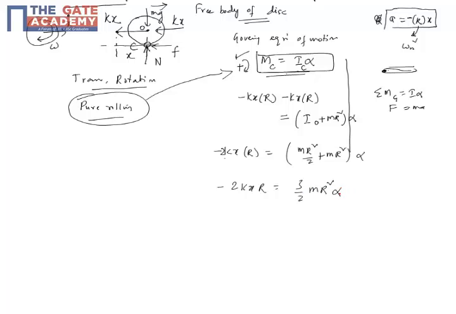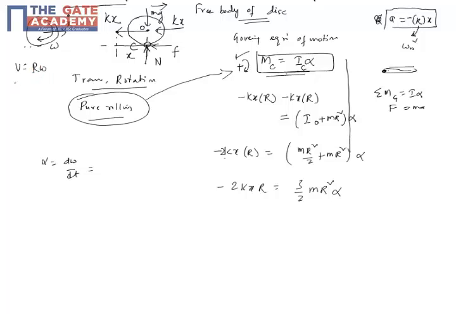Now how do I relate alpha to x? Alpha is nothing but d omega by dt. Remember that because it's pure rolling, in planar motion you have two important parameters, the linear velocity and the angular velocity. These two are related for a pure rolling case by the radius.